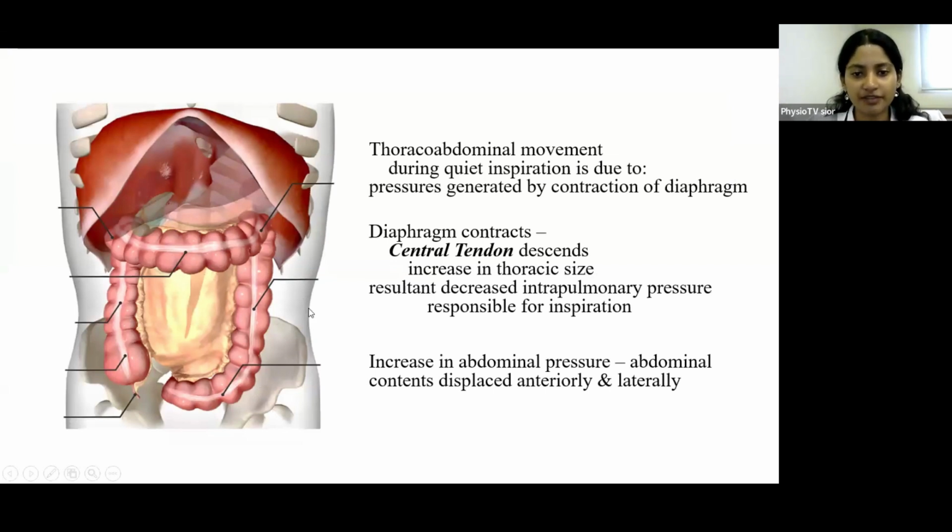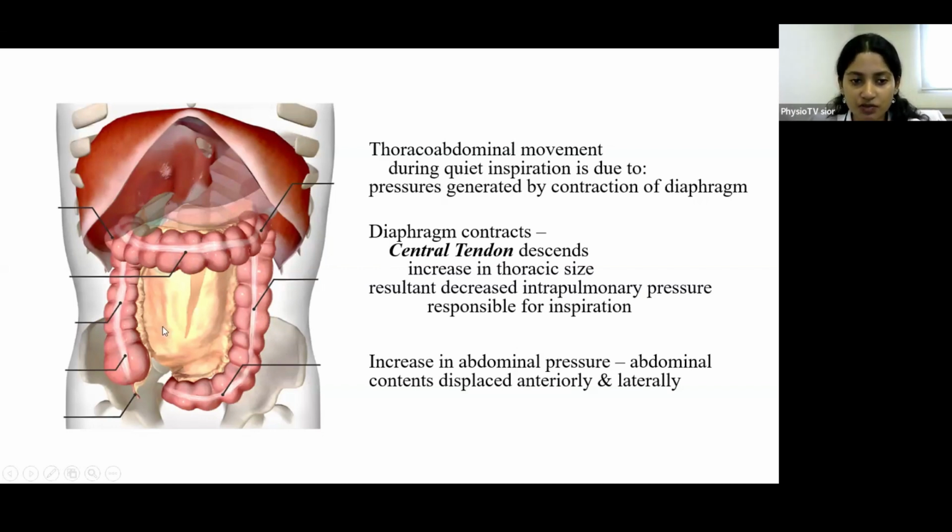When the diaphragm contracts, the central tendon, or the dome of the diaphragm, descends downwards. Accompanying this is also the increased intra-abdominal pressure. Because of the descent of the diaphragm, there is added pressure onto the abdominal contents, which increases the intra-abdominal pressure, like we just saw.